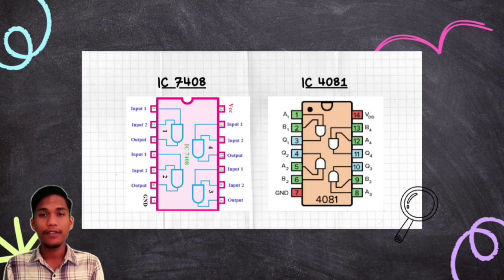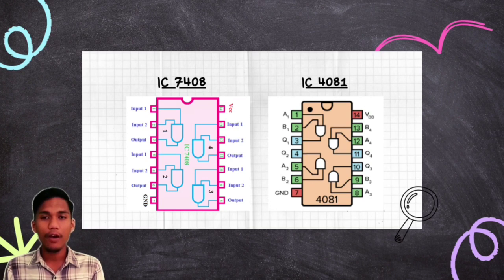The main difference between the 7408 and 4081 lies in their internal design and pin configurations. The 7408 is part of the TTL transistor-transistor logic family of ICs. It uses bipolar junction transistors and operates with a supply voltage of 5 volts.